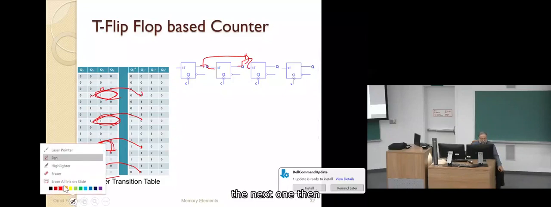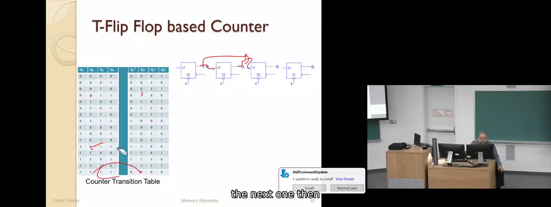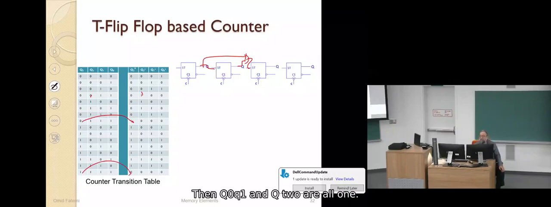So again, for the next one, Q3 toggles here and here. When Q0, Q1 and Q2 are all 1, it should toggle.